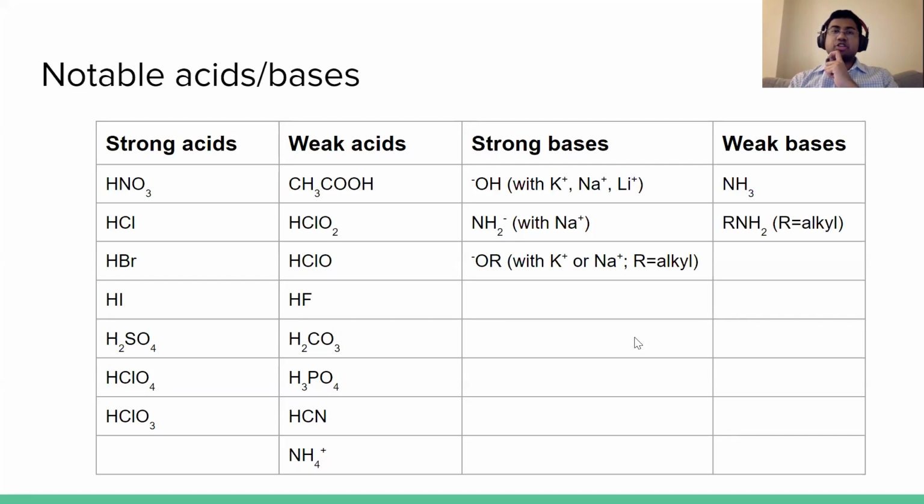If there's resonance that draws an electron pair away from a given site, it might be less basic because you're reducing electron density. A lot of it is intuiting, looking at whether there's high or low electron density for a base.